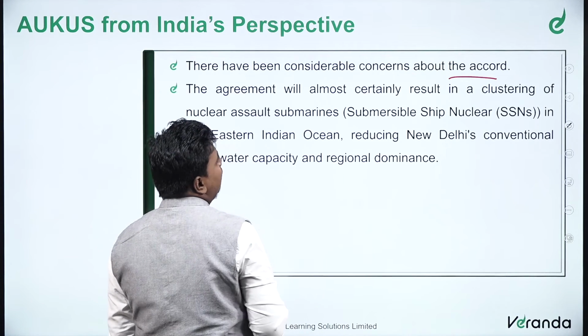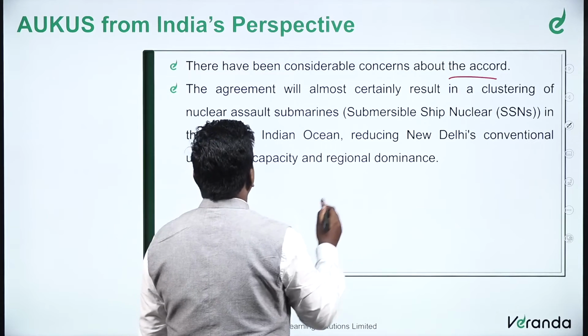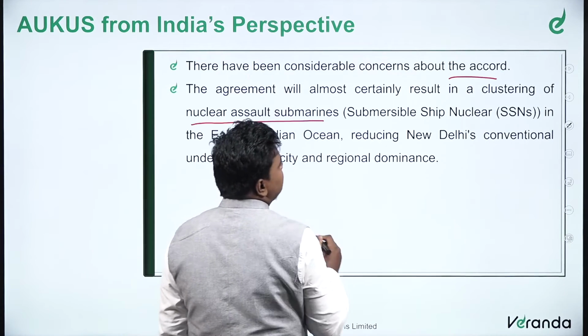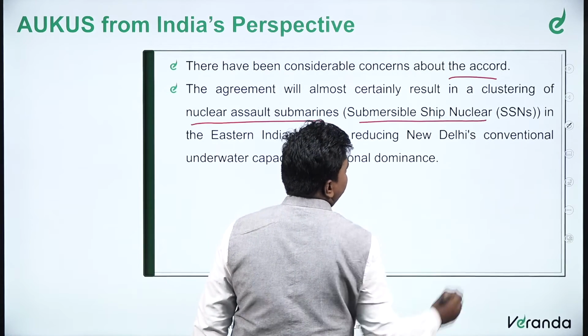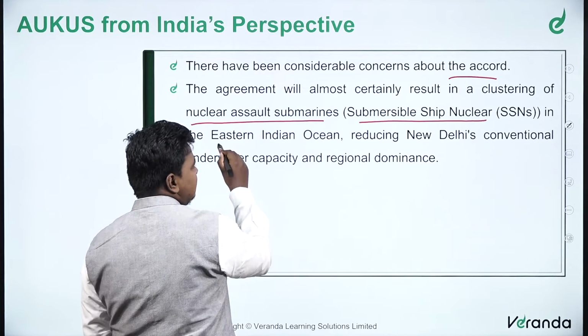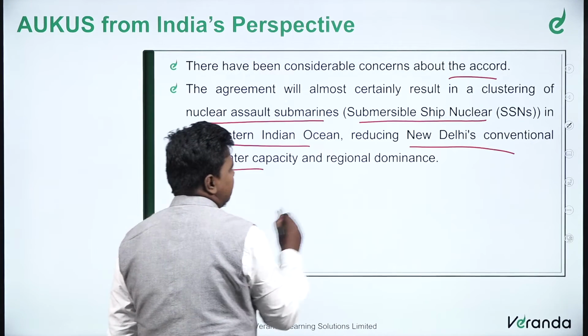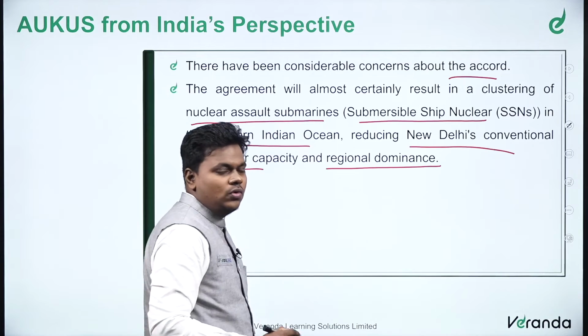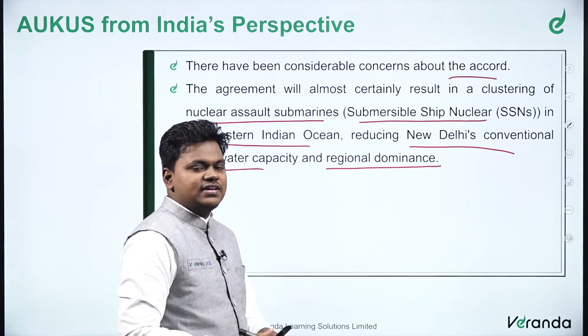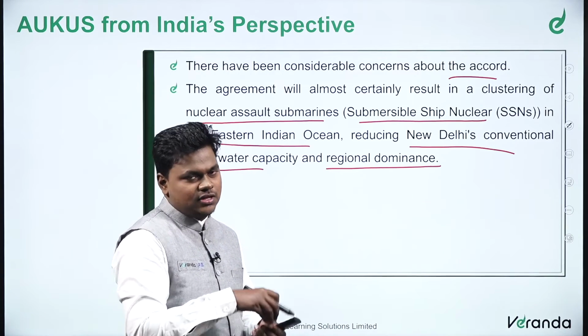The agreement will almost certainly result in a clustering of nuclear attack submarines, that is, submersible ship nuclear SSNs, in the eastern Indian Ocean, reducing New Delhi's conventional underwater capacity and regional dominance. India considers itself a major power in the Indian Ocean region.